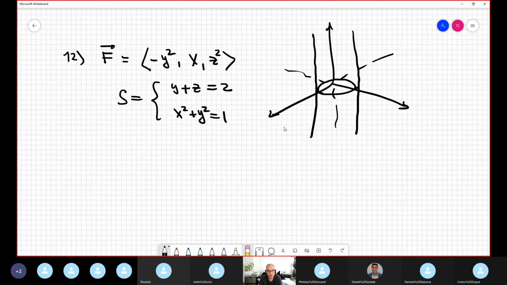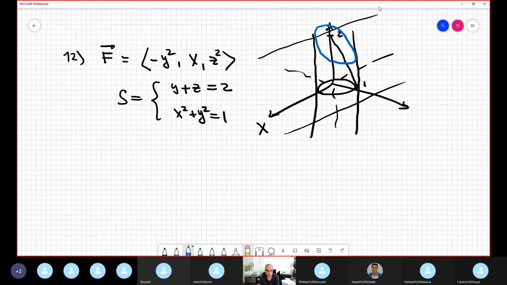This plane is missing one variable, so the plane runs along the x-axis because x is missing. This is 2, this is 1. This is one line, and the plane looks like that. You can use GeoGebra if you want to see it in detail.